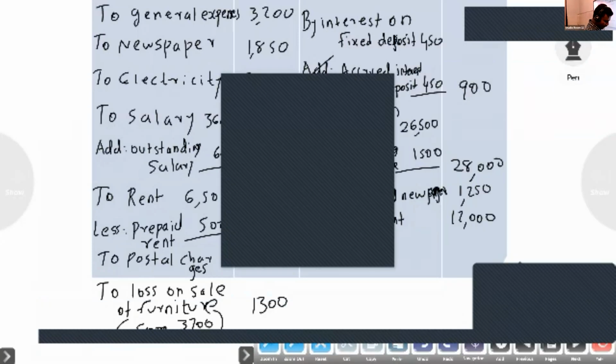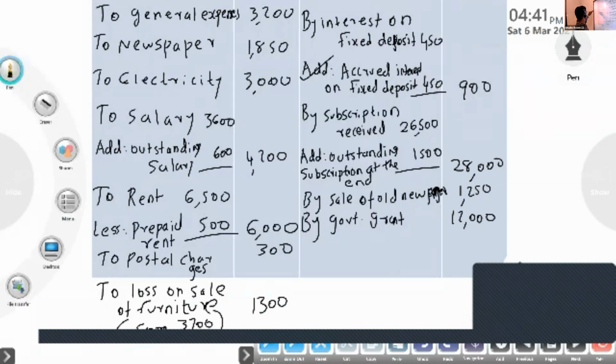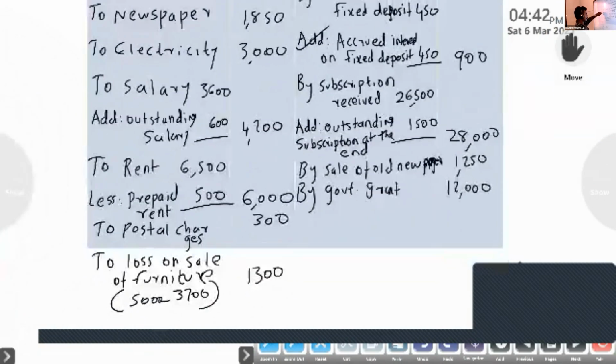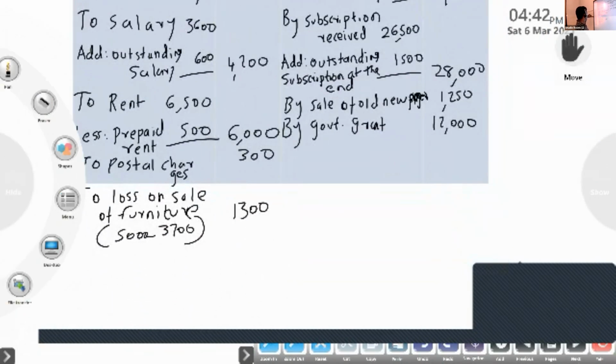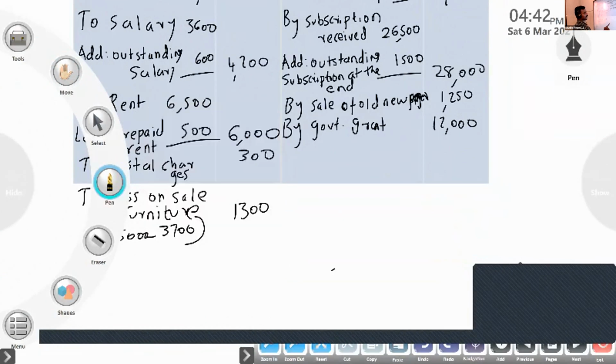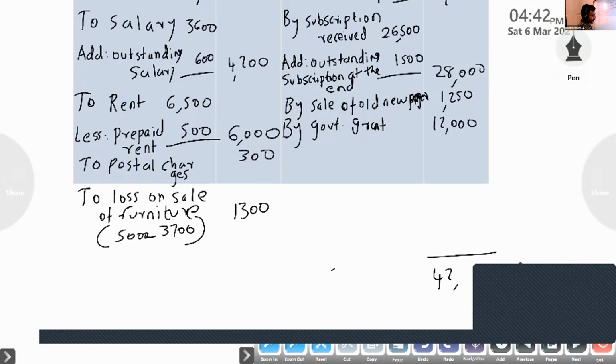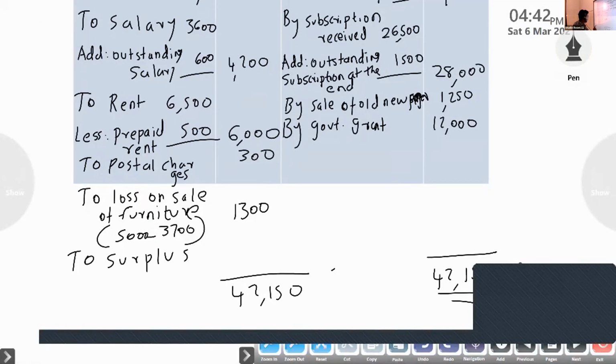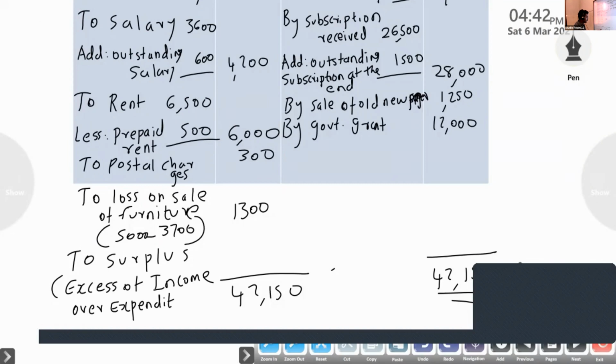Income 42,150. Correct. So, to surplus, excess of income over expenditure.